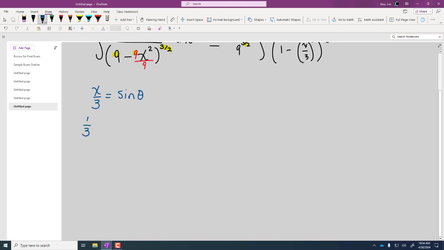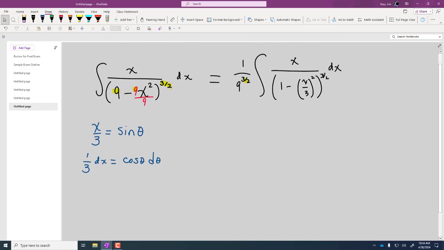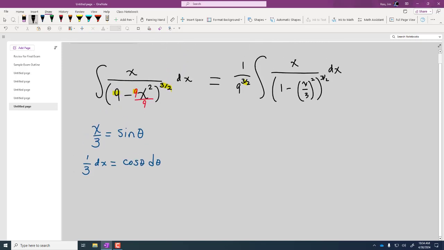We take the derivative of the equation here. Write it as a differential equation. And then we come back up and substitute everything in. So this was 1 over, do the denominator first, square root of 9 is 3, 3 cubed is 27.